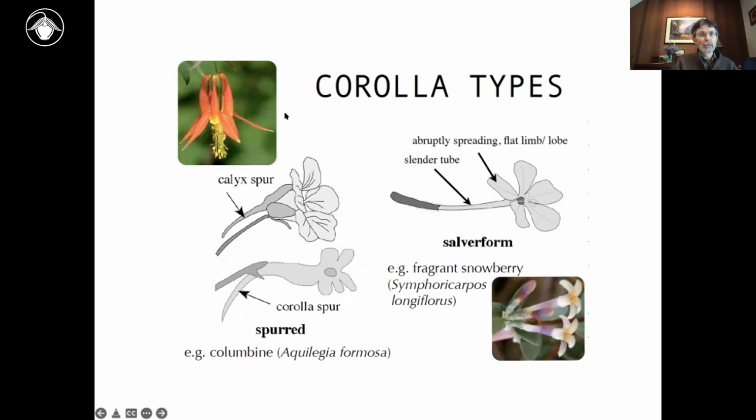And as Stacy mentioned in the intro slides, when she showed an Aquilegia or columbine flower here, some flowers have spurs. Here in the Aquilegia, you can see a spur. And spurs are places where nectar collects. Here you can see drawings of spurs of the calyx in the case of a garden nasturtium, Tropaeolum, and a spur of a corolla is a common feature.